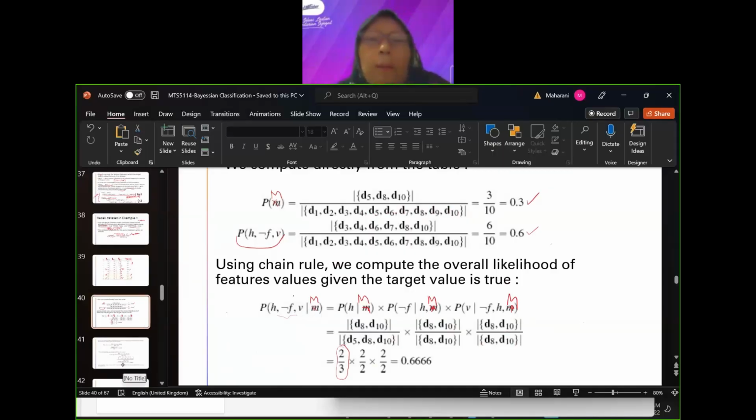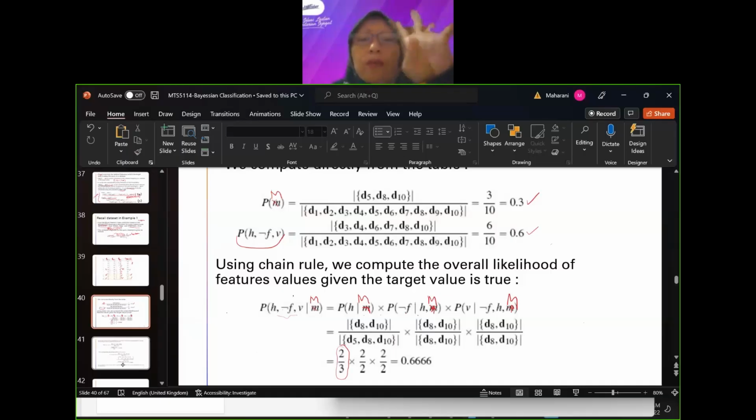This equals the probability of feature H with meningitis M, multiplied by the second one, non-F given H, M. Remember that?